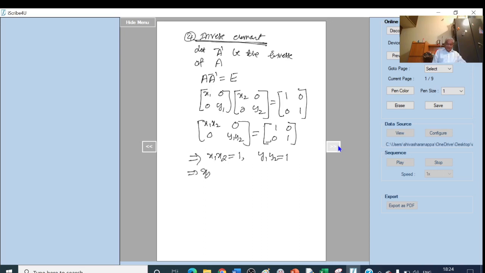This implies x2 is 1 by x1 and y2 is 1 by y1. So the inverse of A is [1/x1 0; 0 1/y1]. So the inverse of each element exists here.